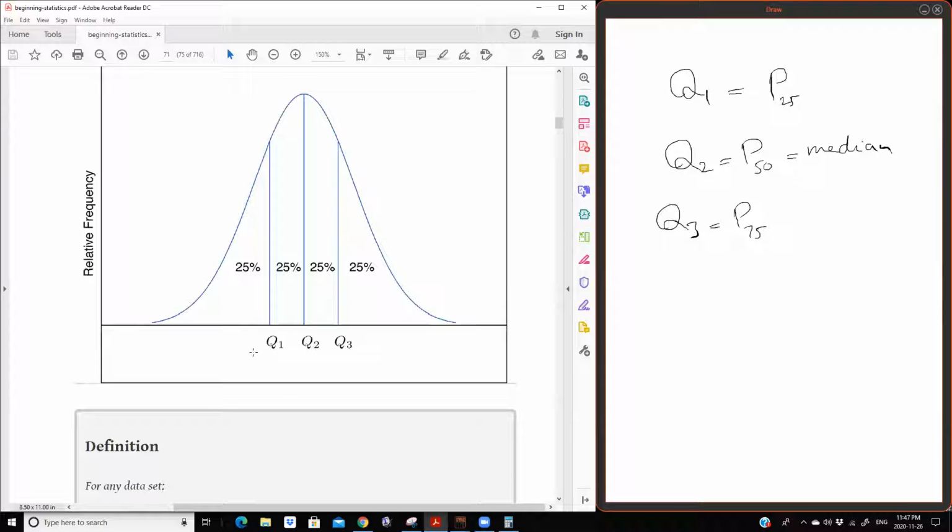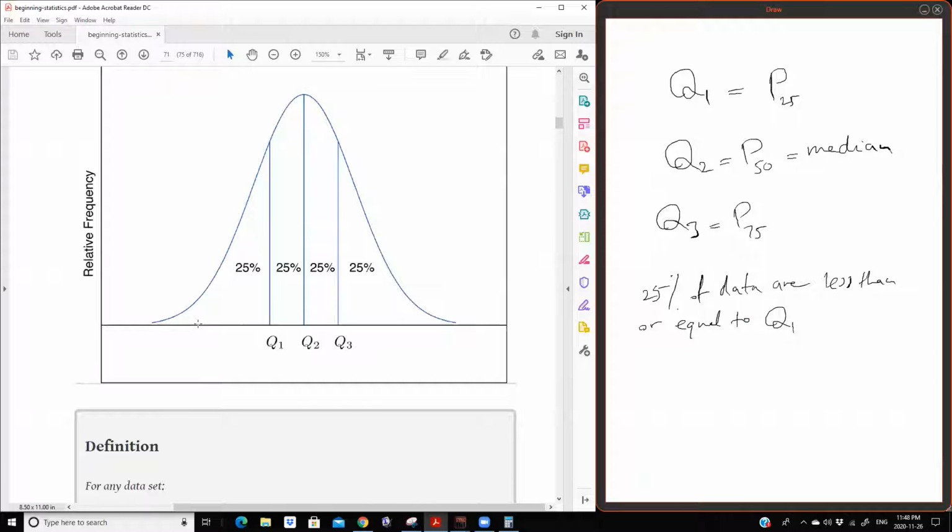Q1 is so that 25% of the data are less than or equal to Q1.